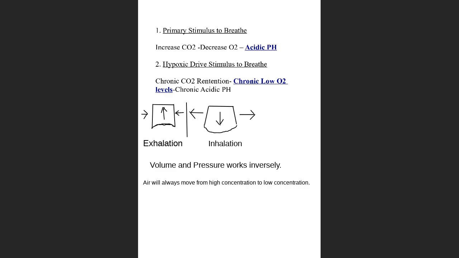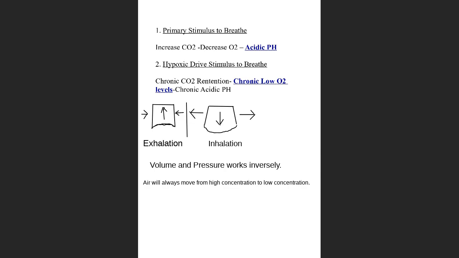It's going to send an impulse via the phrenic nerve, which goes to the diaphragm, and send signals via the intercostal nerve, which goes to the intercostal muscles. So the diaphragm and the intercostal muscles will start to contract.